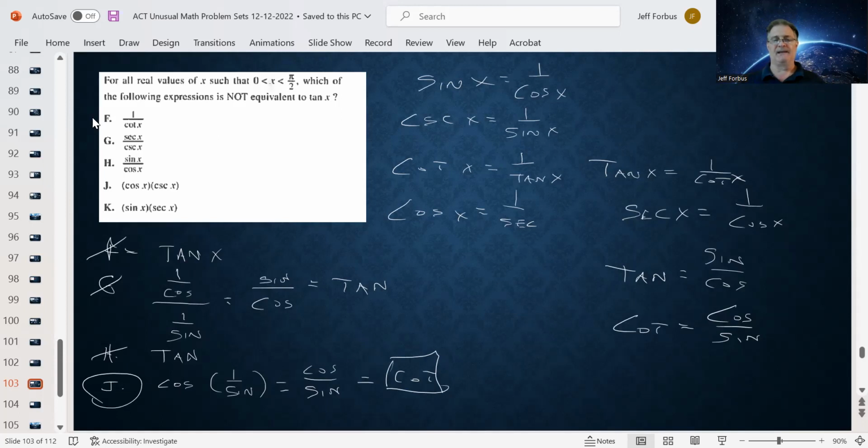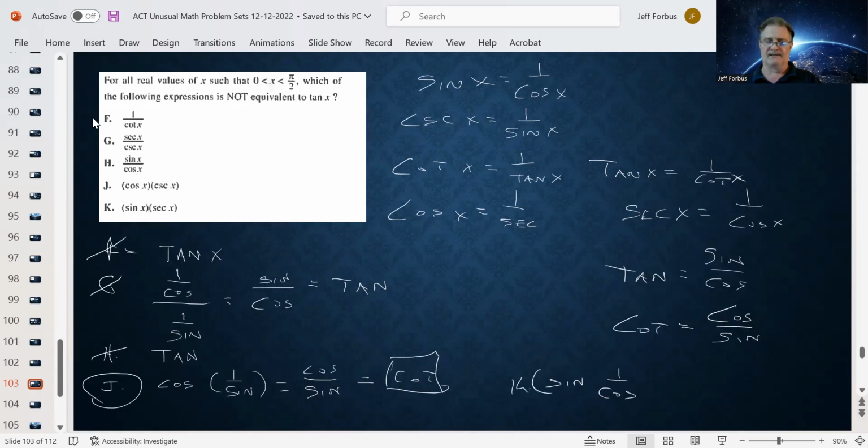Now, using these formulas that I gave you here, you can work these out. The sine times the secant over here for K, I'll work it out for you. So you'd have the sine, the secant is 1 over cosine.